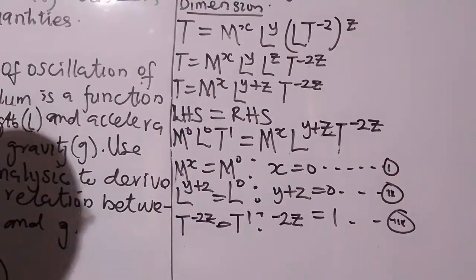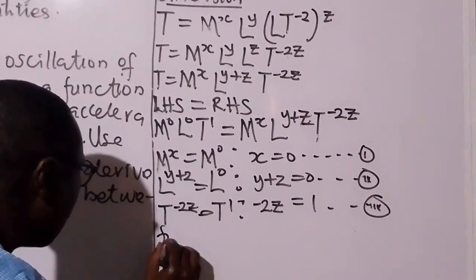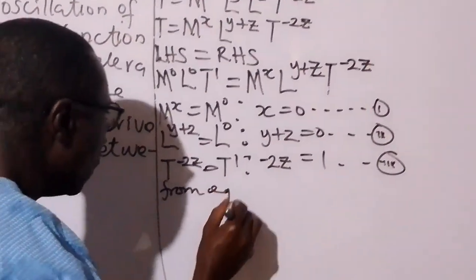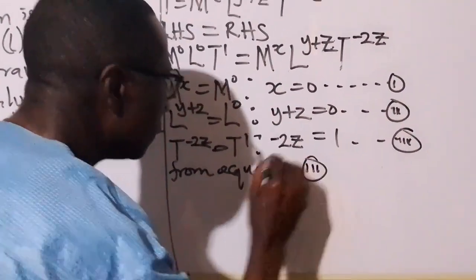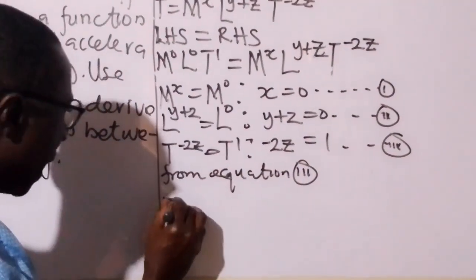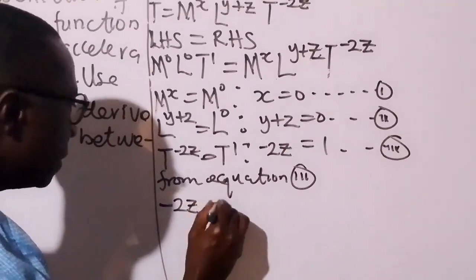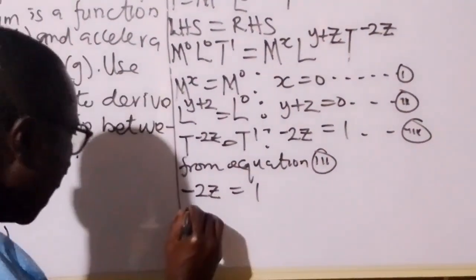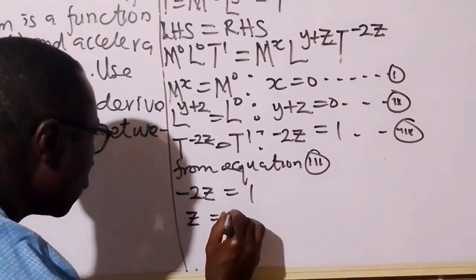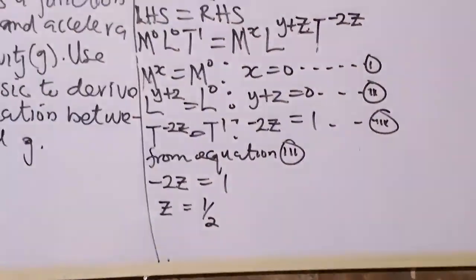Now from equation 3, that is minus 2z is equal to 1. If that is the case, then z will be equal to 1 over 2.